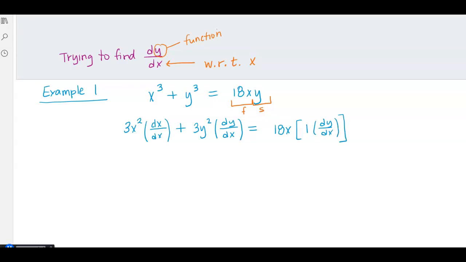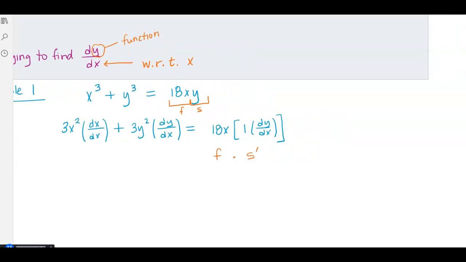I have to tack the dy/dx on because I just took the derivative of y with respect to x. And we'll add to that the second function, which is y, and we'll multiply it by the derivative of the first function, which is 18.